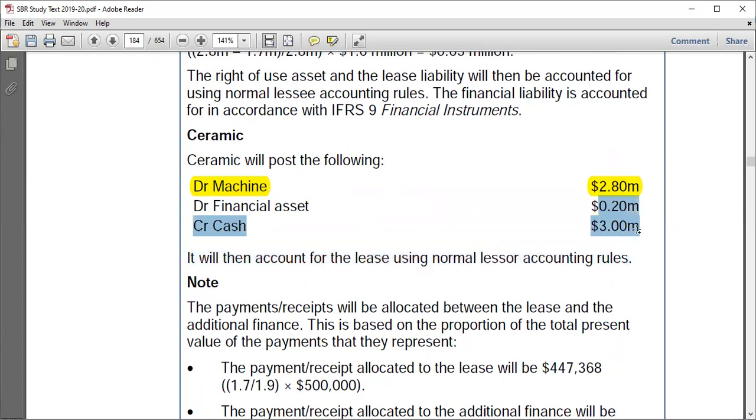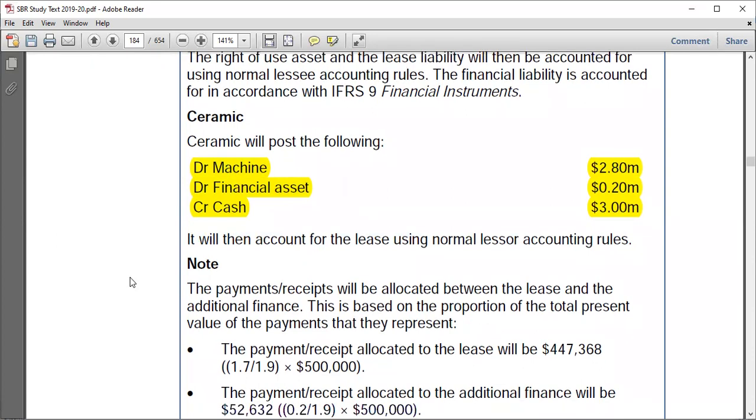But in turn, since the other party incurred a financial liability of 0.2 million, Ceramic also obtained a financial asset of 0.2 million. So this balancing figure would obviously be the machine of Ceramic, which is 2.8 million. So this is what the situation would be.